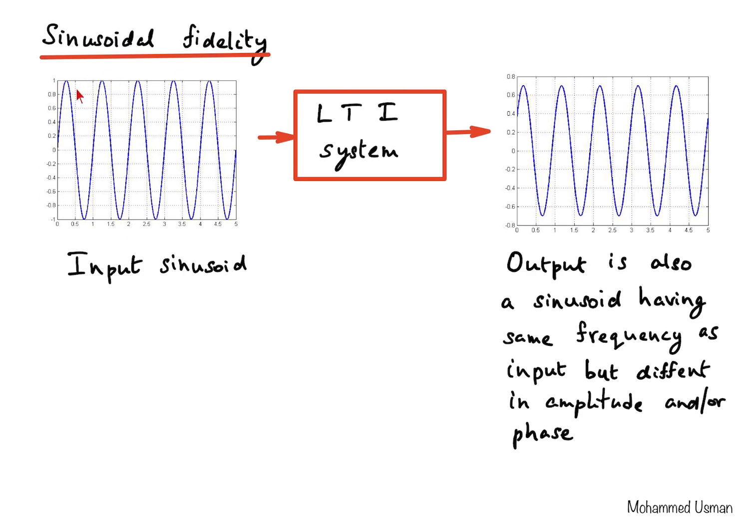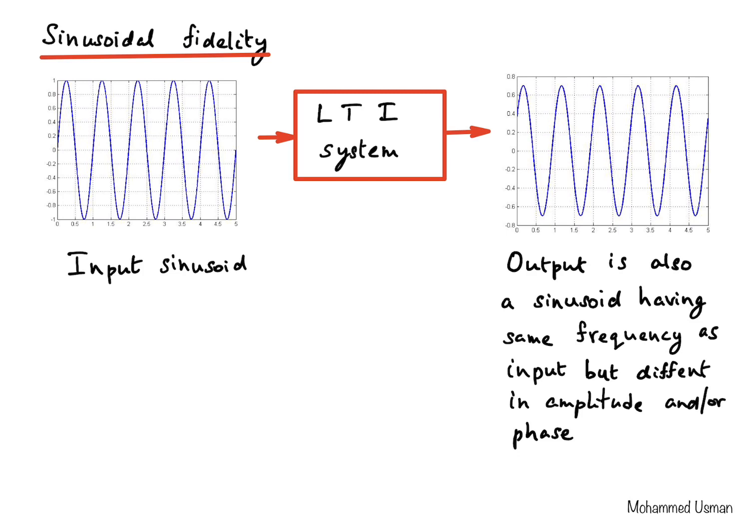The peak amplitude is 1 volt, right? So there is some scaling factor on the amplitude, and you also notice that this output signal has a slight phase shift compared to the input signal. The input signal starts at 0 here, but the output is shifted to the left a little bit, so it starts at around 0.4.